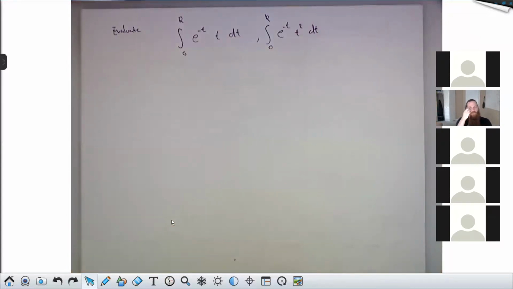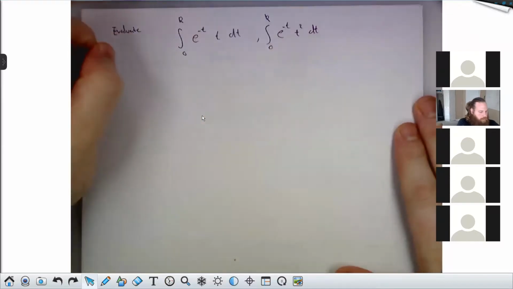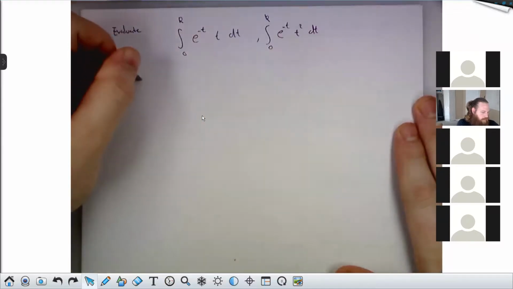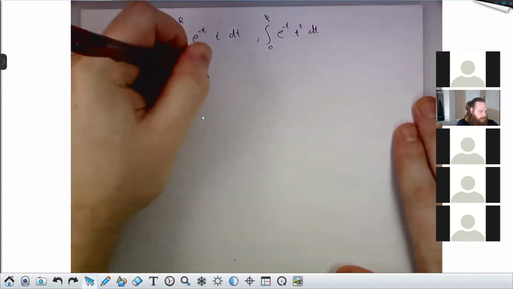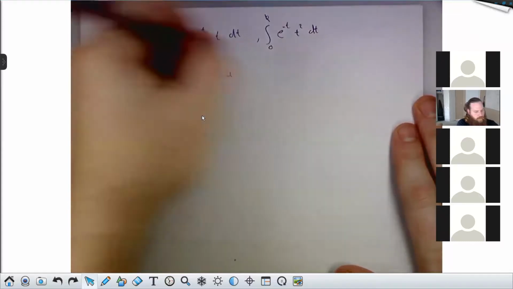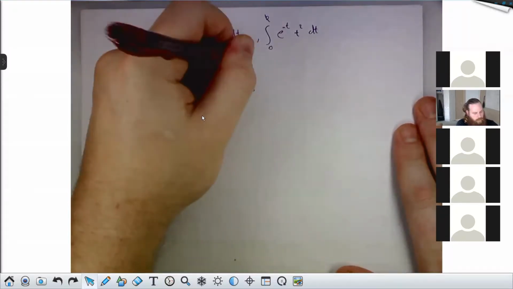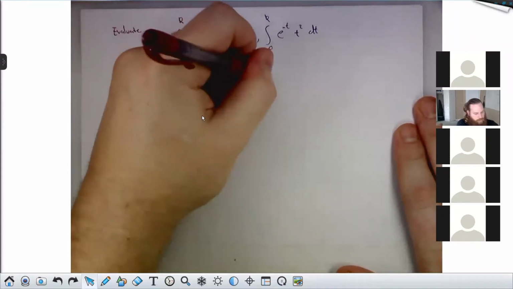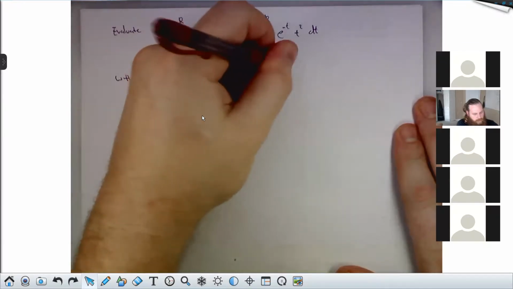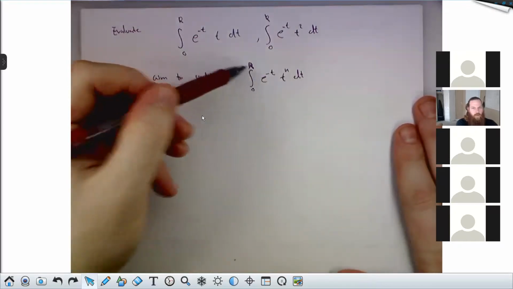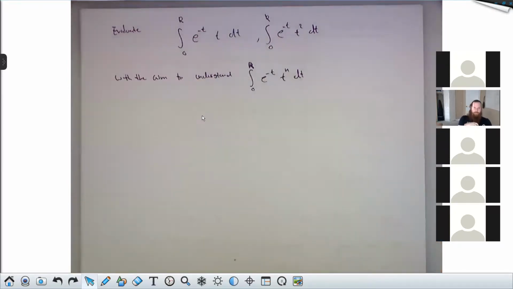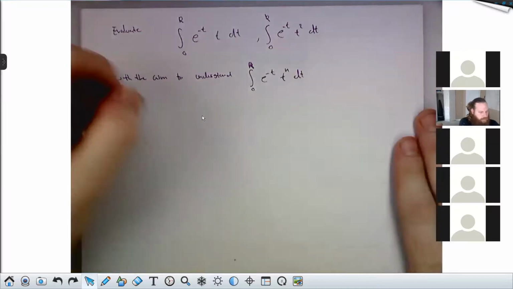We'll do each of these, and then down the road, I'll show you a trick for evaluating a larger form with the aim to understand integral 0 to r e to the negative t, t to the n dt. And later what we'll do is we'll send r to infinity.